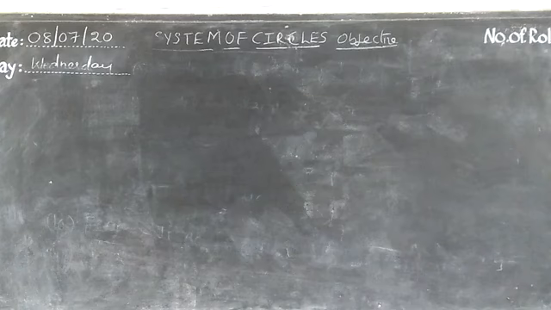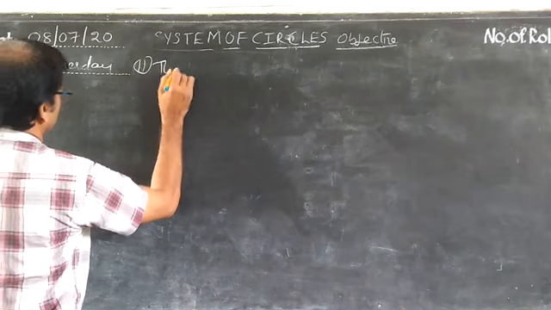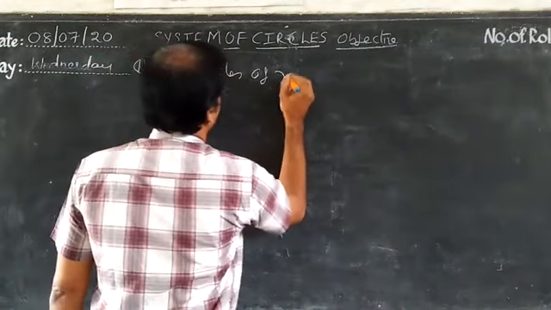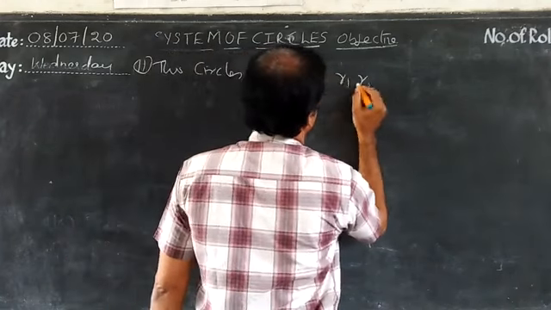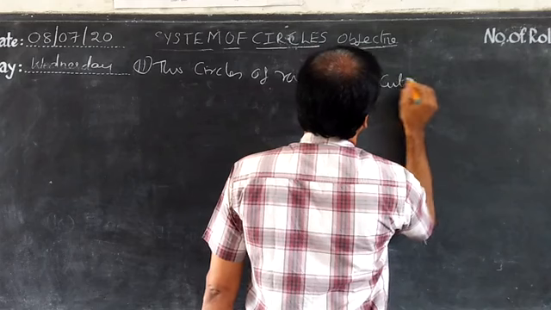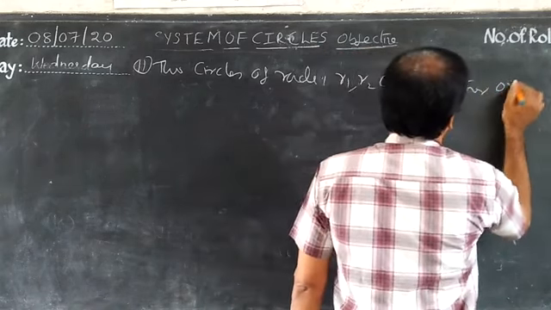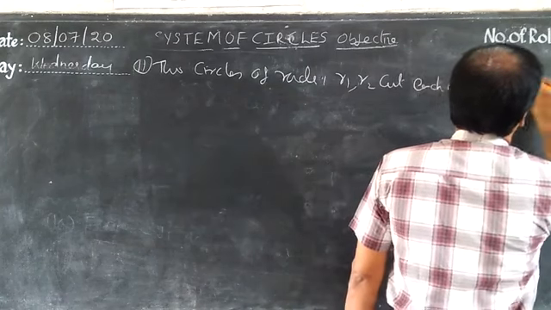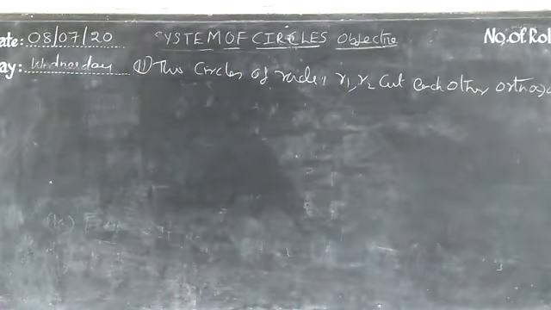Two circles of radii R1 and R2 cut each other orthogonally.